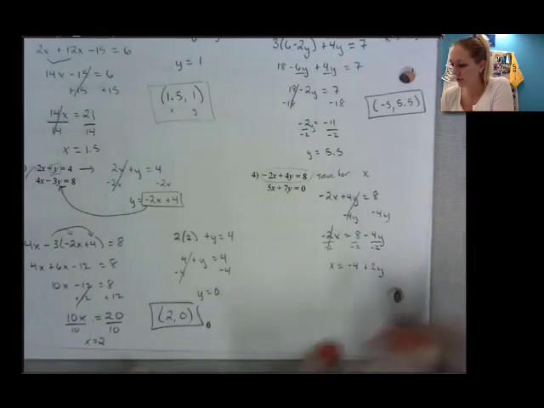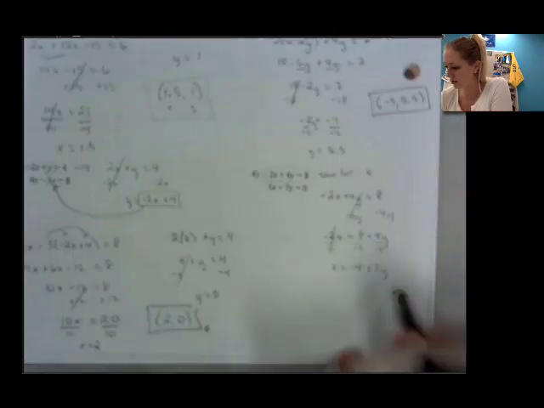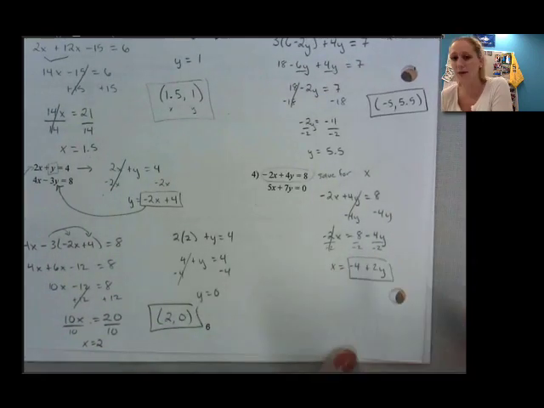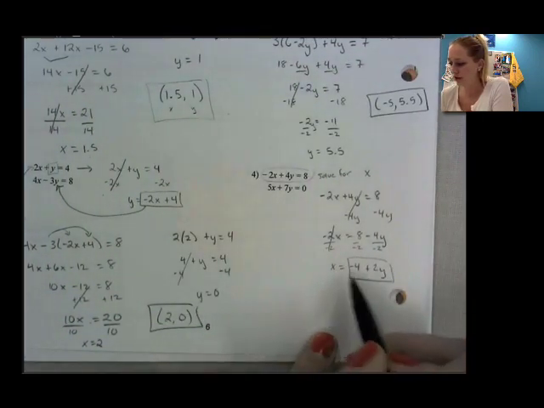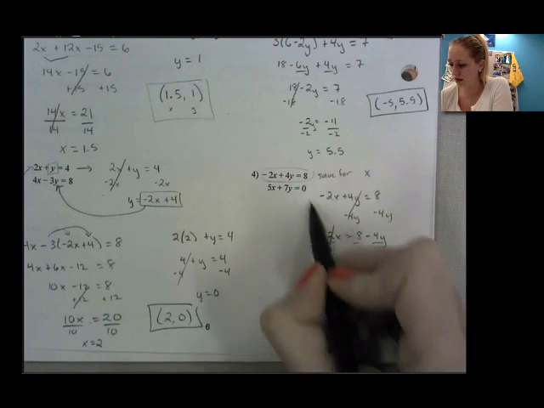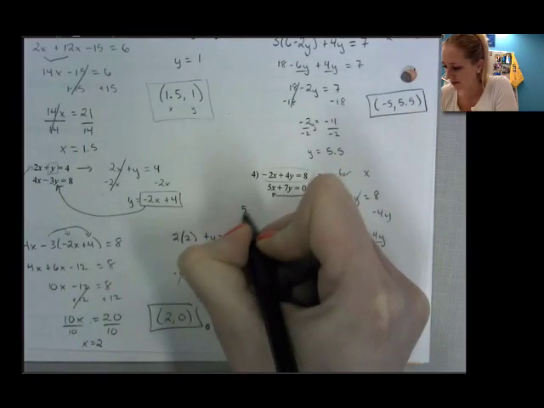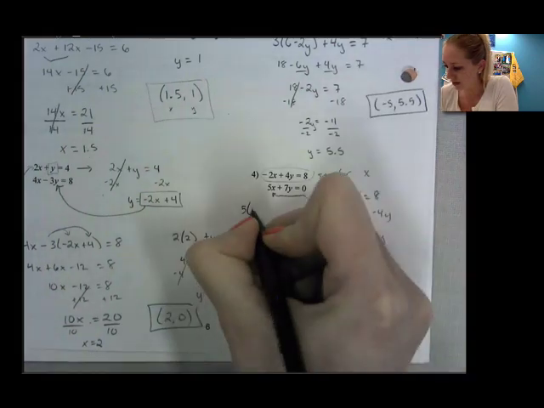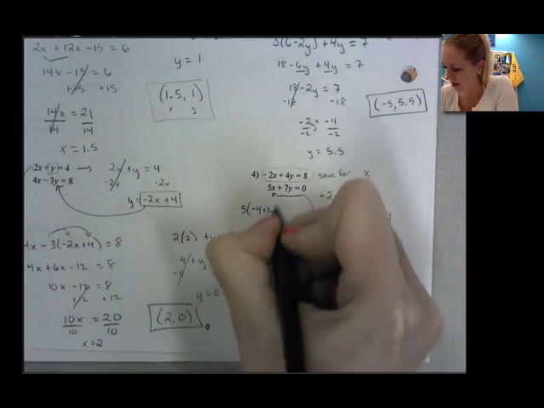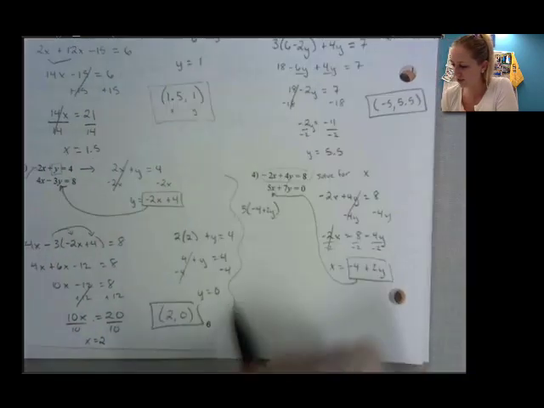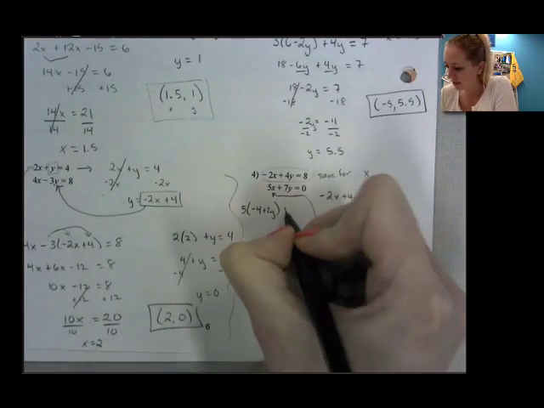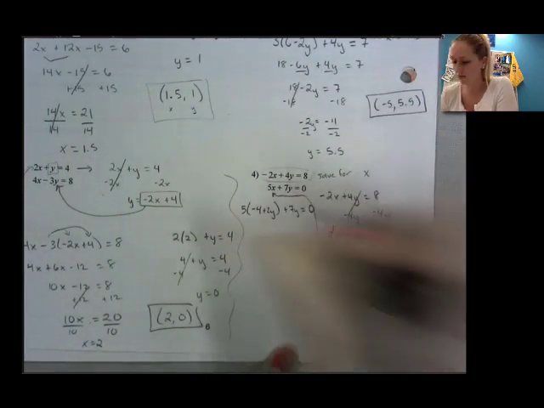So now I have x by itself. I solved the top equation, so I want to put this in the bottom equation. And we solve for x, so this is going to go in for x. So we have 5 instead of x, we're putting in negative 4 plus 2y. A little separation here. And then plus 7y equals 0.